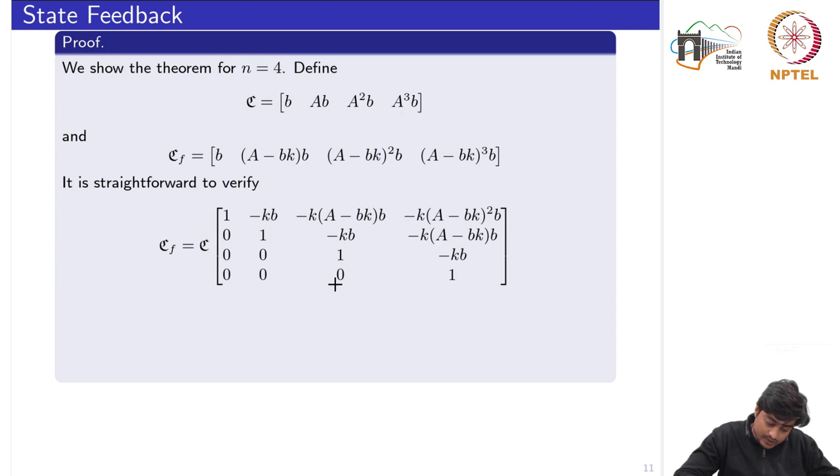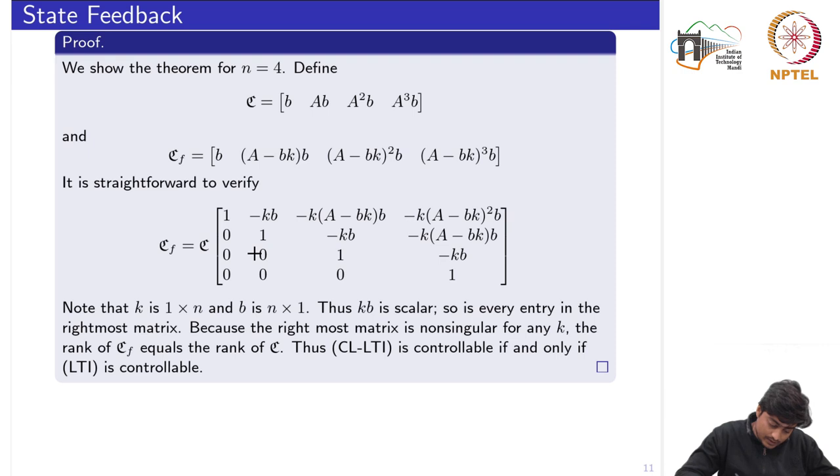One important result we have discussed there is that this matrix CF would have full rank if and only if this C matrix has full rank, or is non-singular. Why? Because this is an upper triangular matrix, and in all cases it would definitely be non-singular.